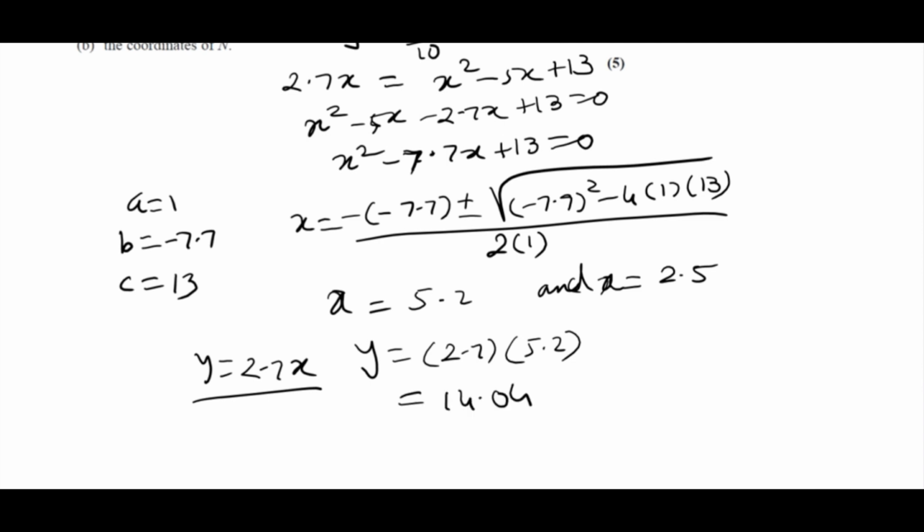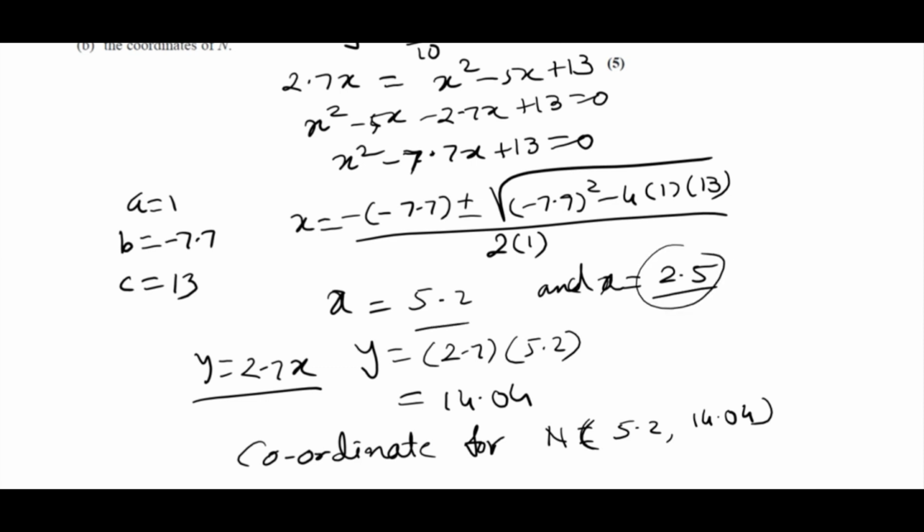So my coordinates for N are 5.2, 14.04. So we have two coordinates, but one coordinate we already found for M, so we have to use this coordinate for N.